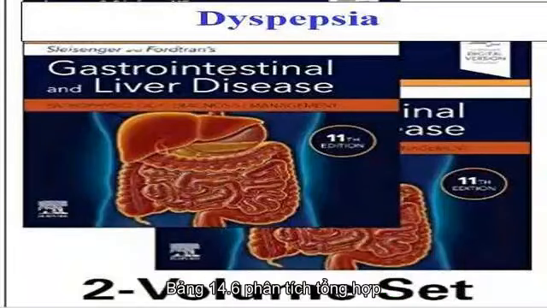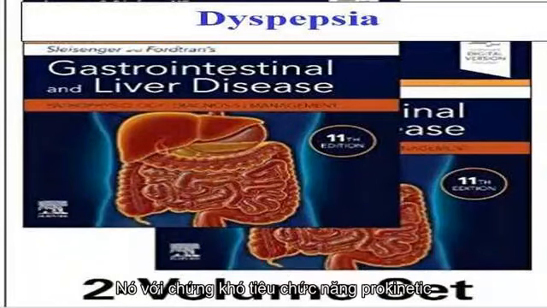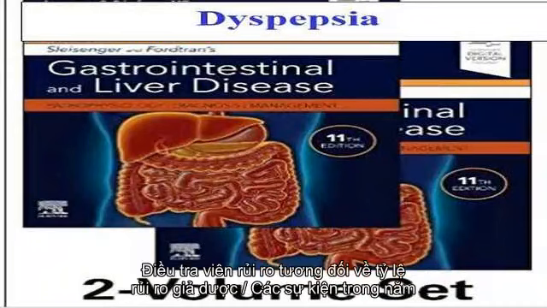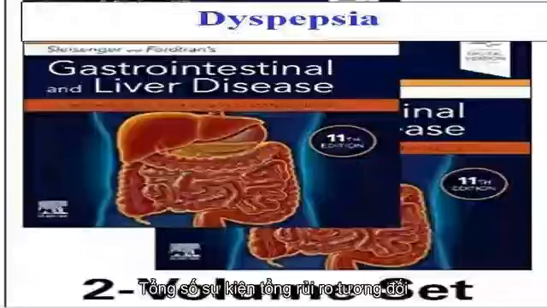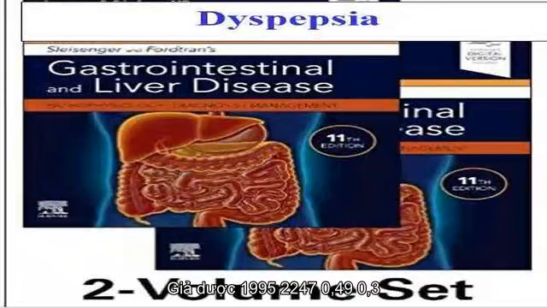Table 14.6. Meta-analysis of randomized, controlled trials of selected prokinetic agents in patients with functional dyspepsia. Prokinetic versus placebo, relative risk, 95% CI. Cisapride vs placebo. Arquette 1995, 0.49 (0.36-0.67).